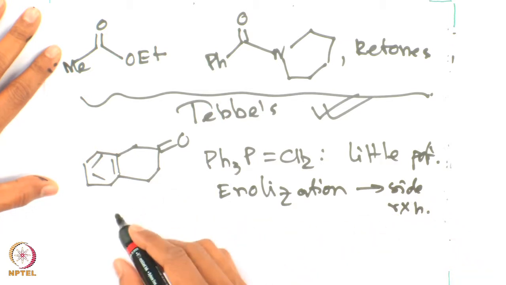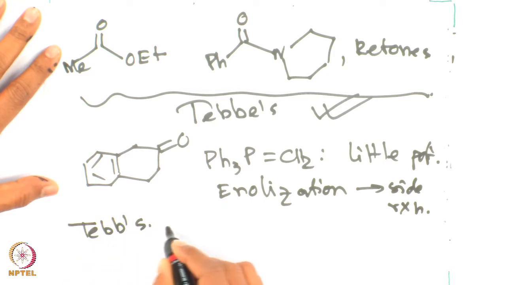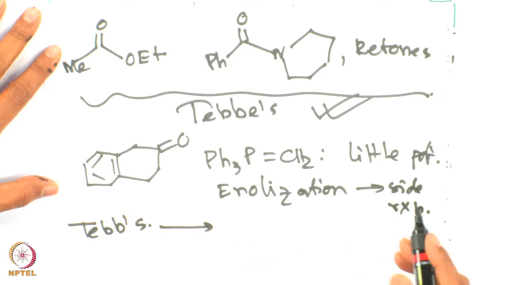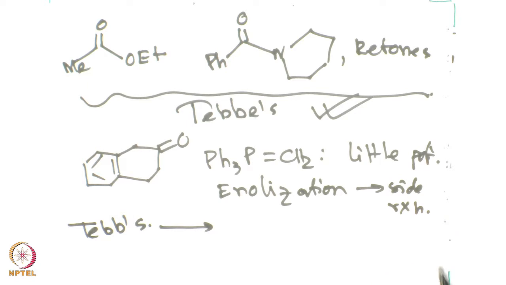Now, Tebbe's reagent can be used over here very beautifully, because these are less Brønsted basic and therefore have less ability to accept a proton. So, less enolization you can expect. Tebbe's reagent is less Brønsted basic, and therefore, it is not promoting the enolization that effectively, and overall we can then get quite a good reaction with Tebbe's reagent.